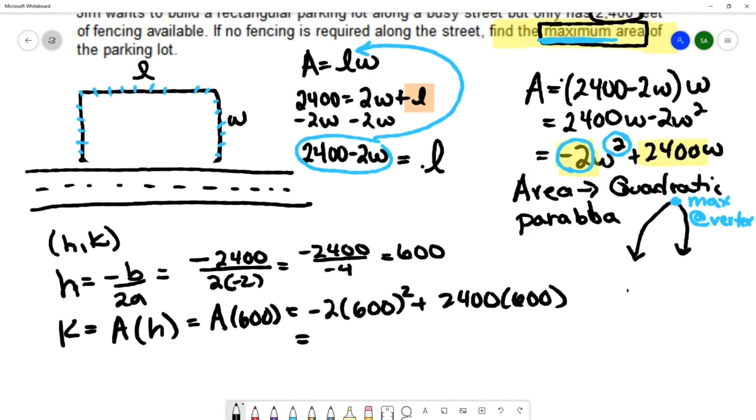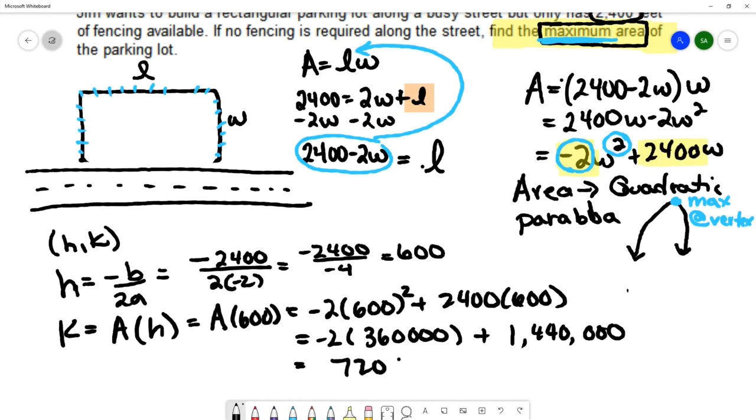So we've got negative 2. We're going to apply the exponent first. And 600 times 600 is 360,000. We want to do 2,400 times 600, which is really big, 1,440,000. And we want to do 2 times 360,000. That is 720,000, and that's negative.